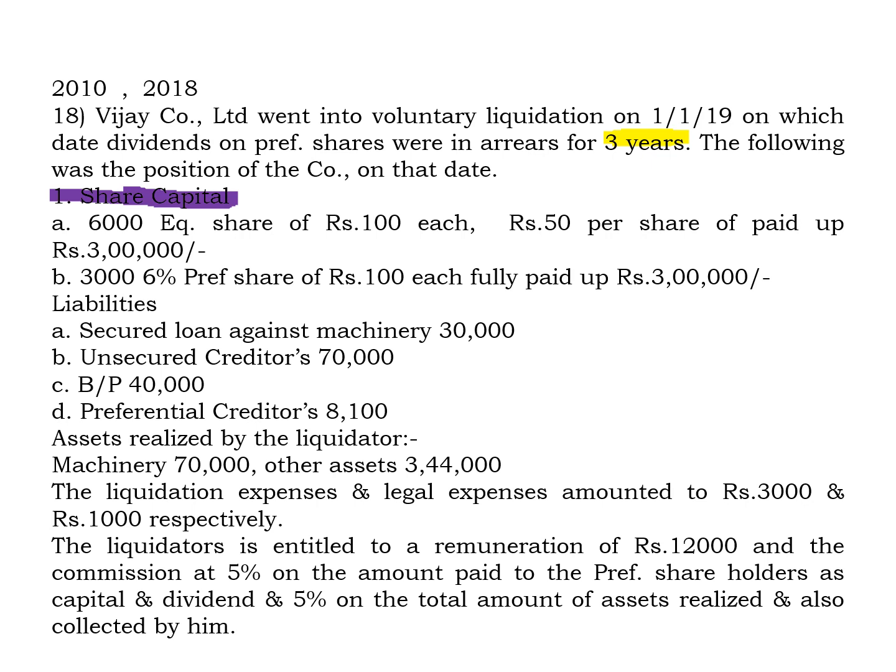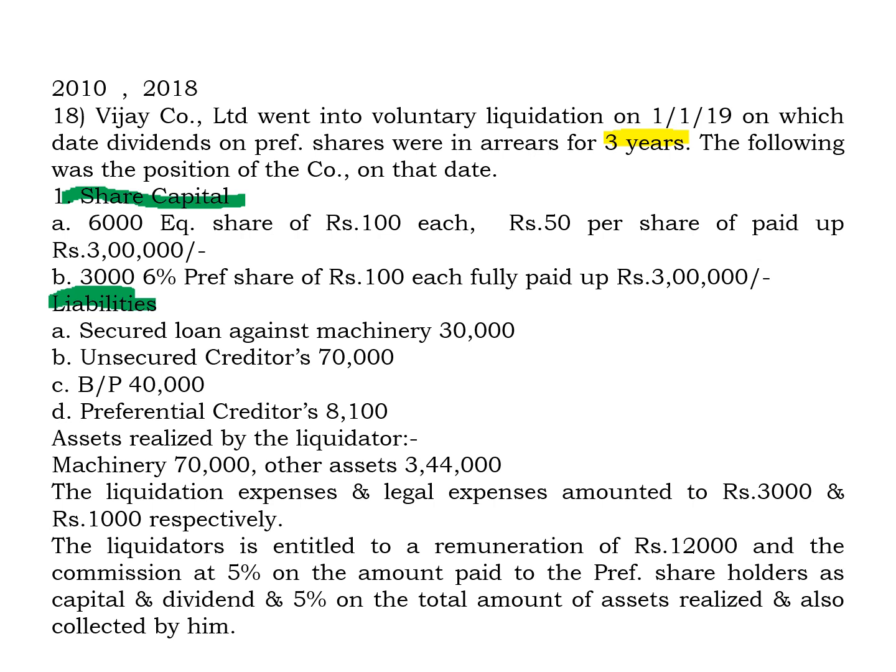The second part is liabilities. What are the different liabilities you have? Number one, you have secured loan against machinery, 30,000.